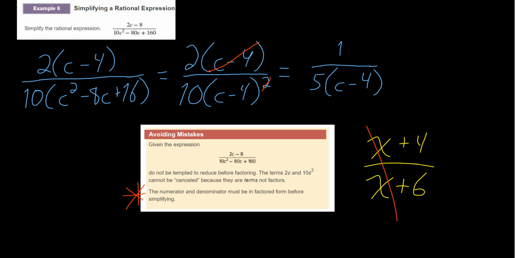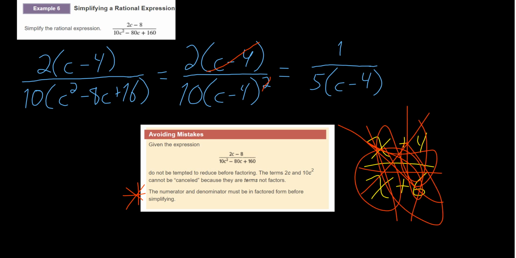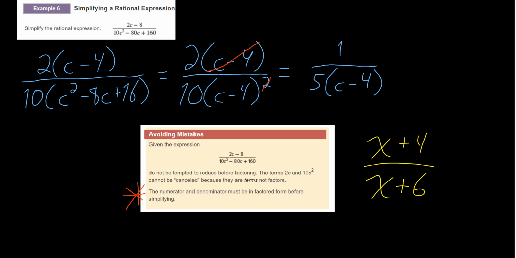This is not x times 4 or x times 6. So we cannot do this. But anyways, this avoiding mistake is huge. You will undoubtedly make this mistake quite often if you're new to this, or this is a refresher course. But hopefully you'll get out of that habit, because this is a very common mistake.